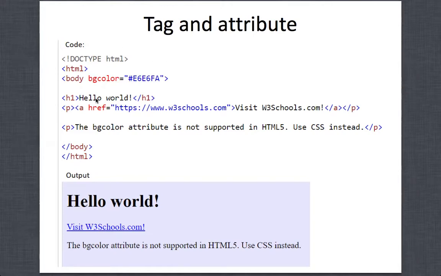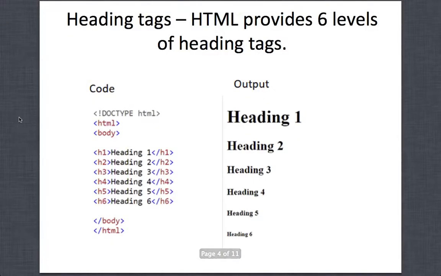Next, in this page there is a heading that has been used, an H1 heading. Now you all must know the various levels of heading. The highest heading is H1. So if you ever get a question that says write an HTML code with the highest level of heading, immediately you should remember H1 has to be used.